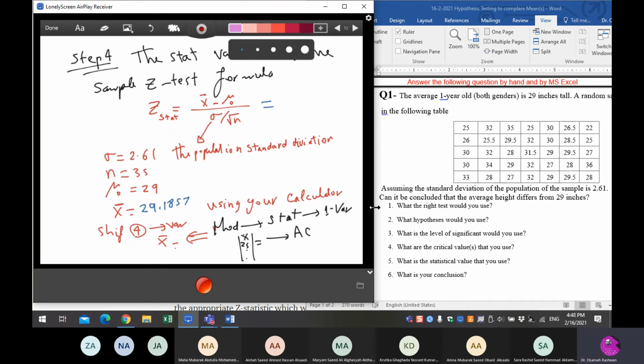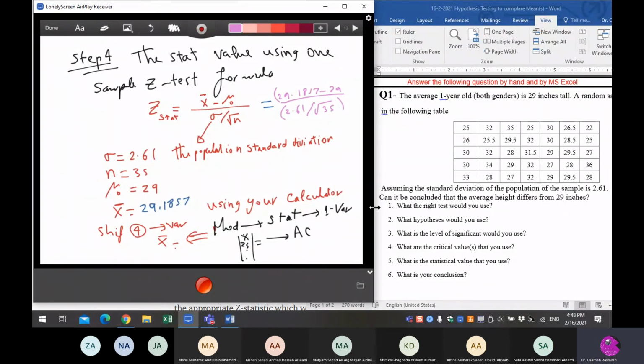So you are writing x bar, 29.1857 minus 29, over sigma 2.61 over root of 35. You have to put this one between brackets in your calculator, otherwise you will get a wrong answer.